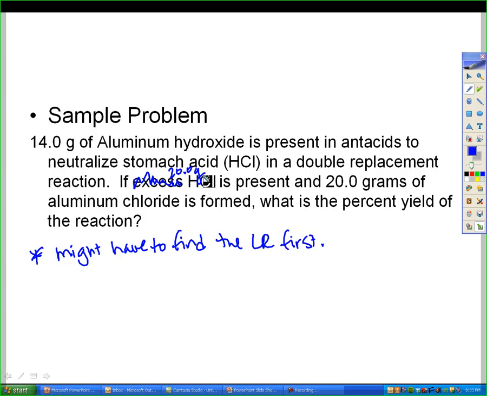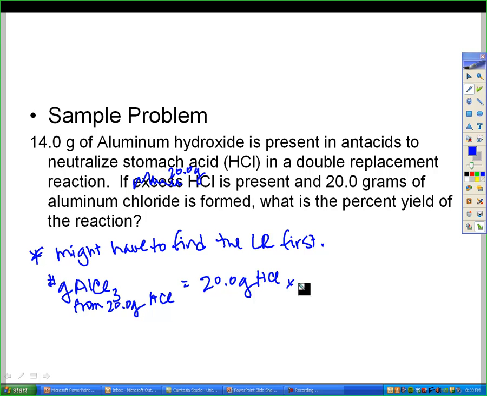So you'd start this whole thing, 20 grams of HCl, blah, blah, blah, get a number, and it would be some number of grams of AlCl3.